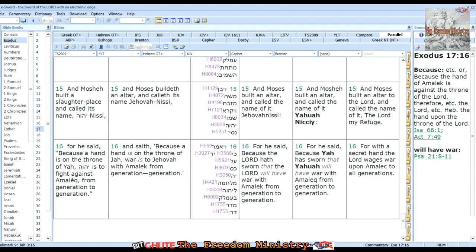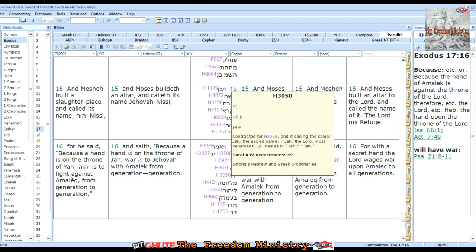And, of course, the King James says, for he said, because the Lord hath sworn that the Lord will have war with Amalek from generation to generation. They don't distinguish in the King James. They just replace it with the device, the Lord, which is disgusting in and of itself. And you won't know that there's even different words there because you don't have the actual translation correctly done.